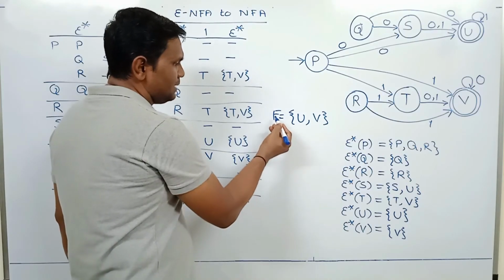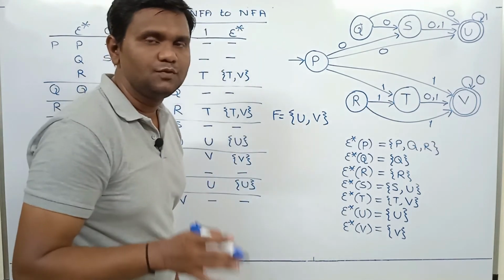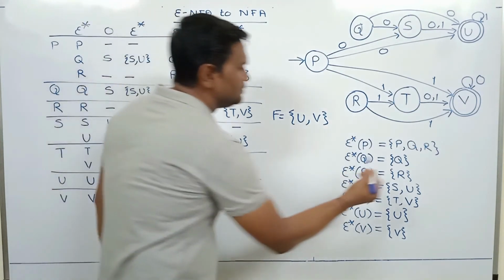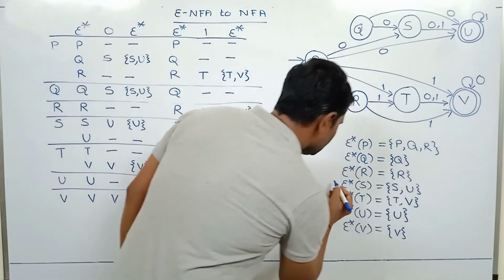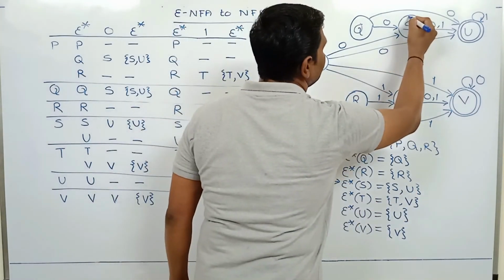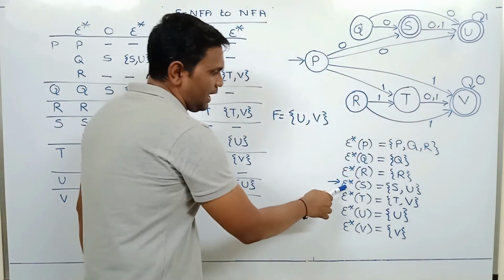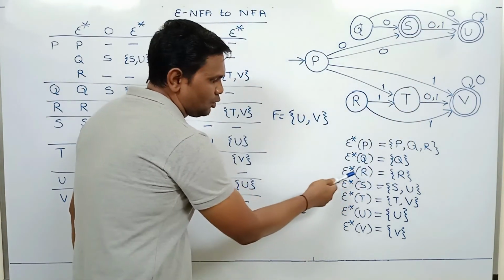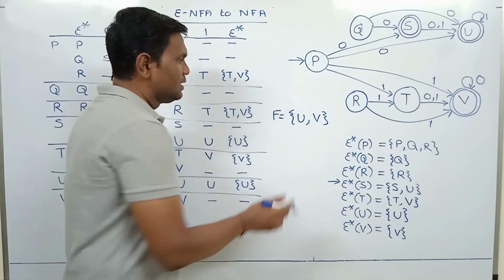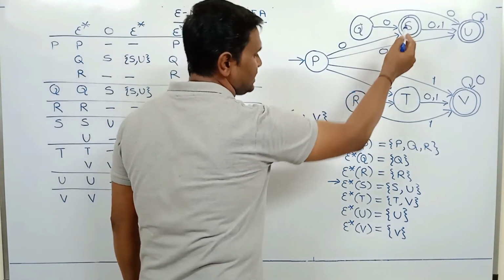Now final states in epsilon NFA, they are U and V. So we have to check which epsilon closures contain U and V. So state S, it contains U. So state S, we have to mark as final state. For any state, if in its epsilon closure, if it contains at least one final state corresponding to given epsilon NFA, we mark that state as final state.